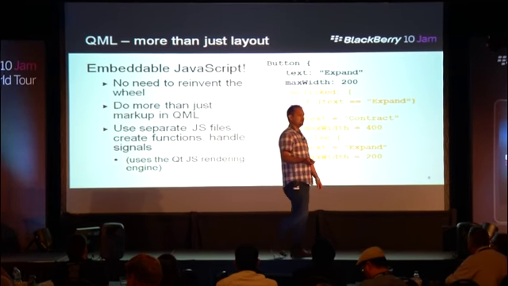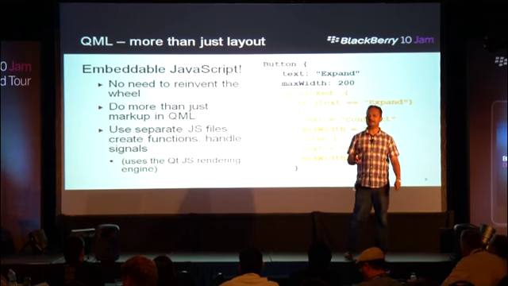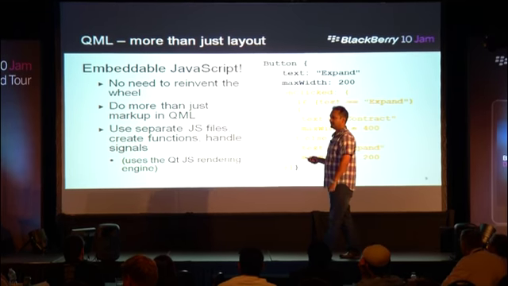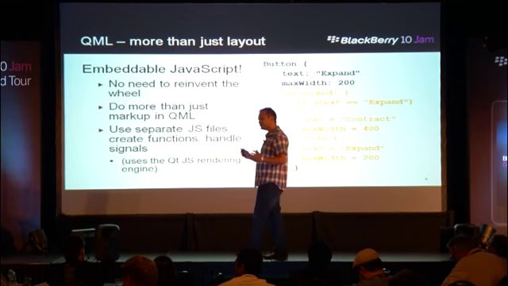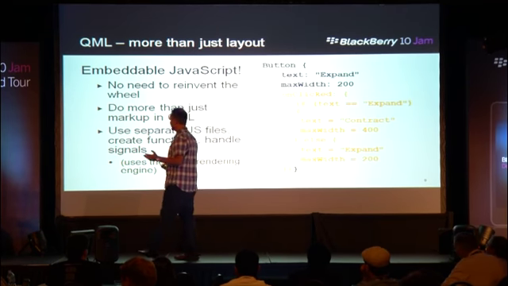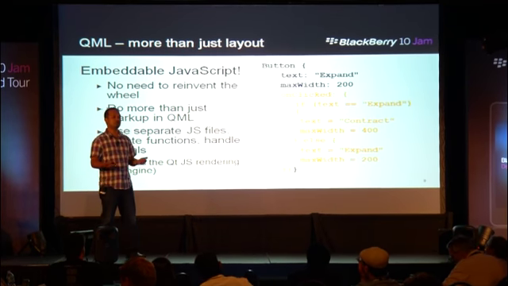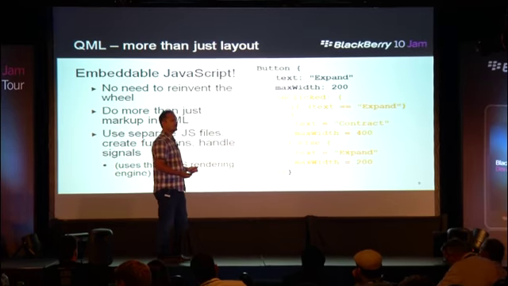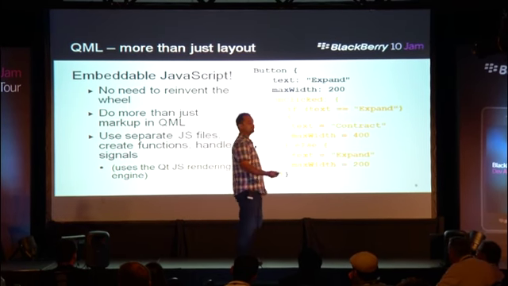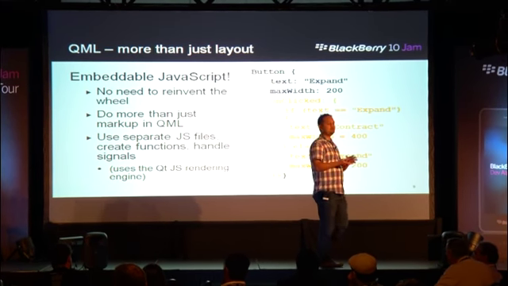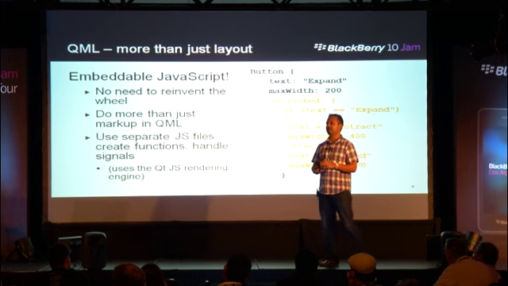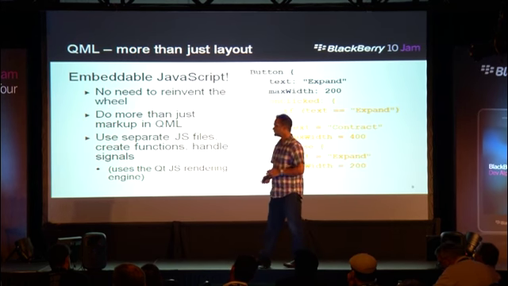And QML is not just a language that helps you lay out the components. Okay? Layout is nice, very nice, in fact. But QML also comes with a JavaScript rendering engine that allows you to write JavaScript functions right within QML to implement some tiny parts of the application logic, if you will.